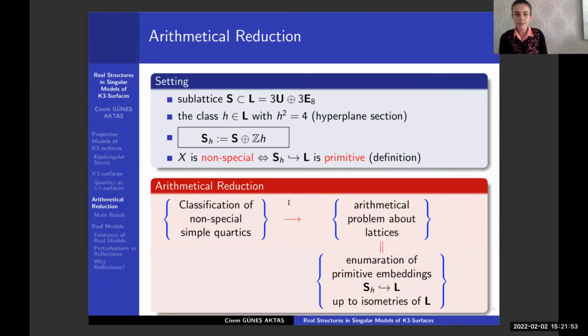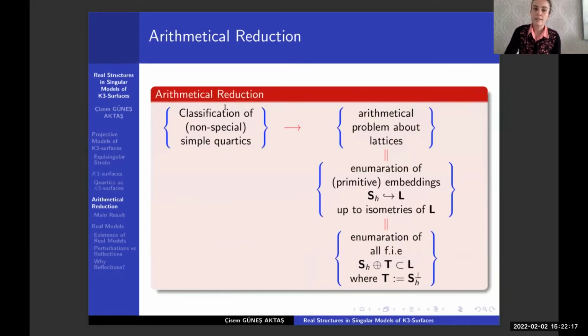And on the arithmetical side, I have the corresponding problem. So I reduce my problem to the arithmetical side, which is purely lattice theoretical. This problem is the same as enumeration of primitive embeddings like this up to isometries of L. And this gives the arithmetical reduction of my problem.